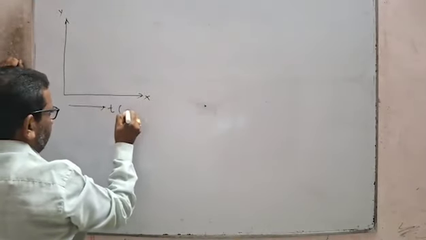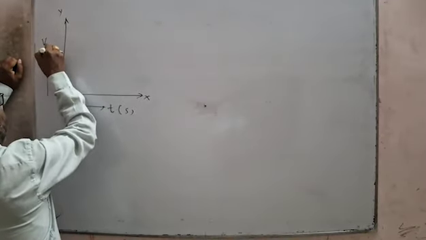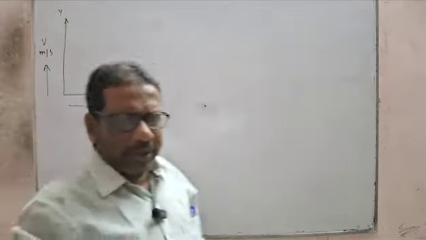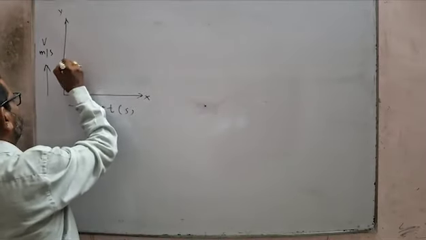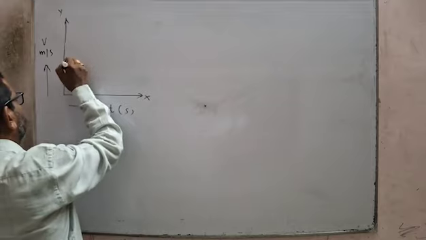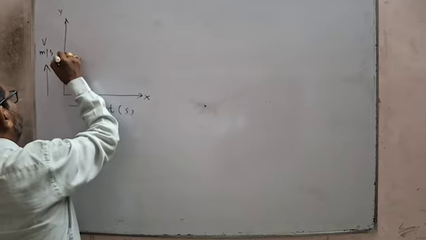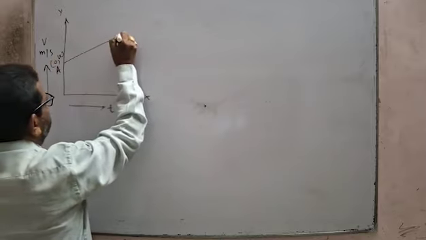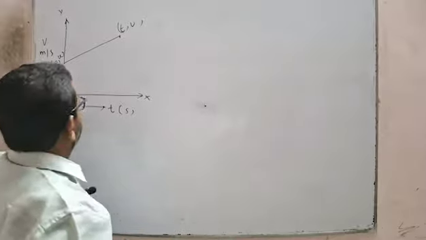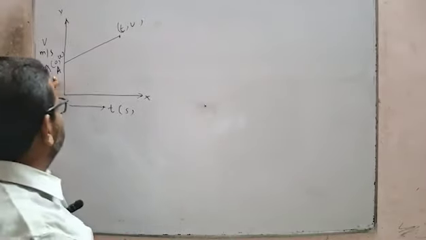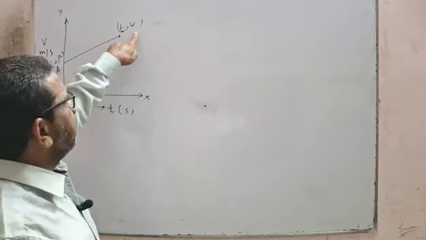We will take time in seconds along the x-axis and velocity in meters per second along the y-axis. Let a body start its motion with velocity u at time 0. After time t, the velocity becomes v.